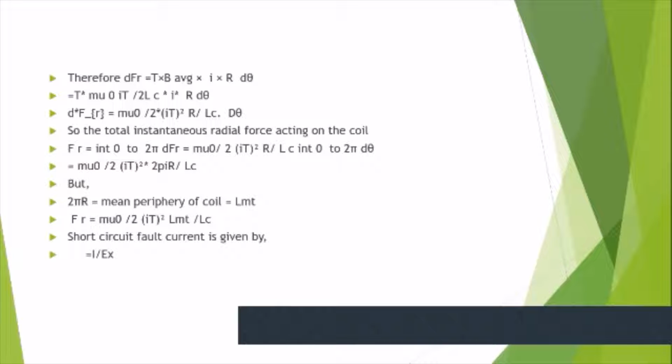Therefore, the equation is given: dFr is equal to dT into B average into I into r into d theta. So it is the total equation for the total instantaneous radial force acting on the coil.